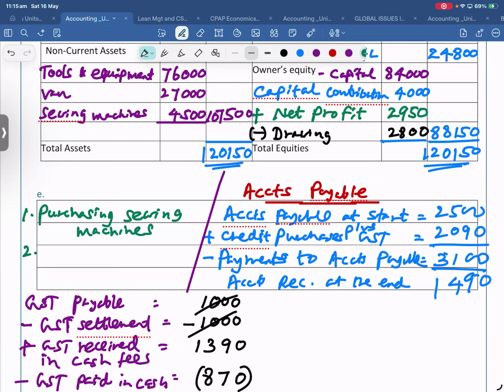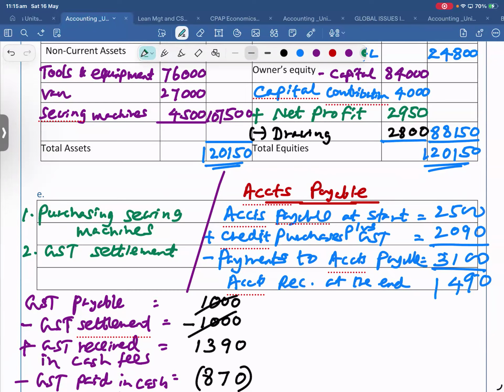Number two, GST settlement. If you want, I can say number three as well, but two is enough. Capital contribution, we can't say, because it's the other way around.